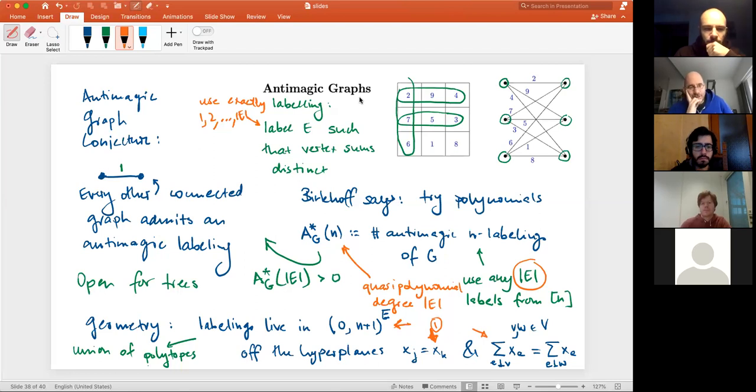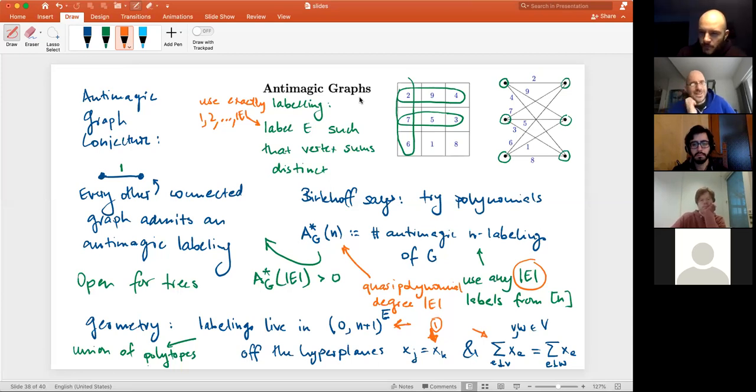Ariaman asked about the reference. This is not in my book. The whole connection with graph coloring and so on is in my book with Raman. Maybe you've seen this already. On this antimagic stuff, I have a paper with Mariam Faramat. There we go.